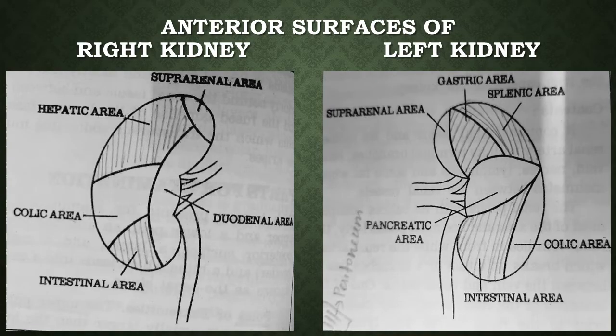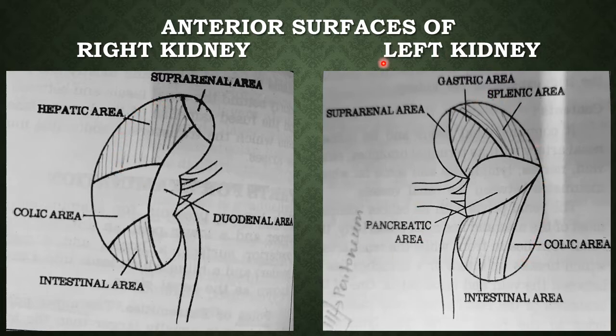Here in this diagram we can see the anterior surface of both the kidneys, right as well as left, with the visceral relation as well as peritoneal relation.